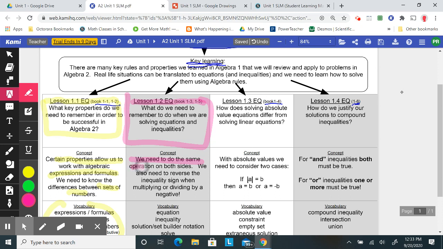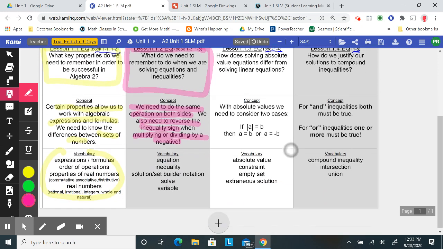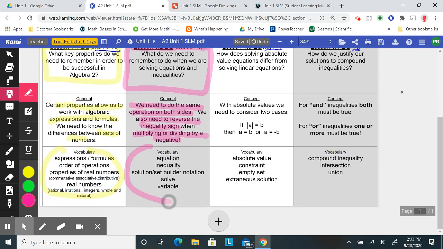We also need to reverse the inequality sign when multiplying or dividing by a negative. So we will review those concepts. And the vocab words are listed: equation, inequality, solution, set builder notation, solve, and variable. So hopefully most of those are familiar to you from the past. They should be to be in Algebra 2.